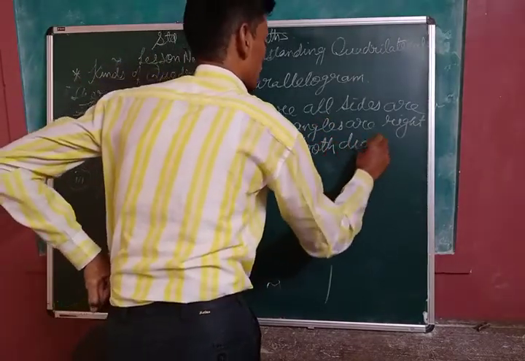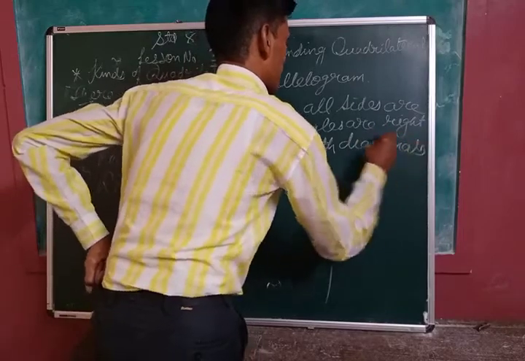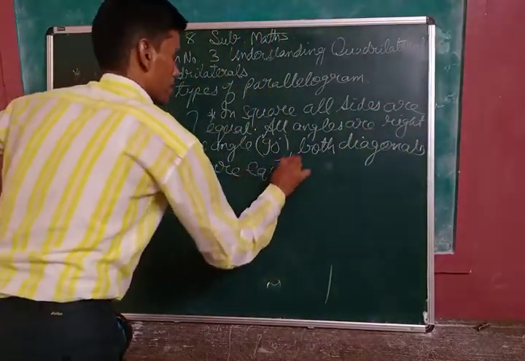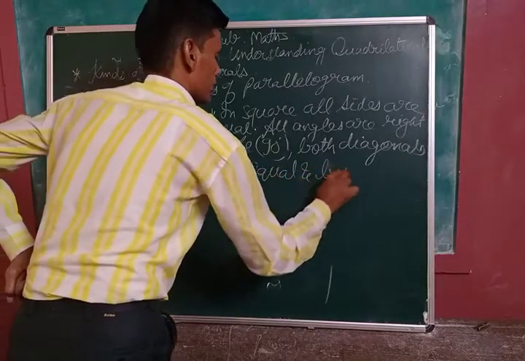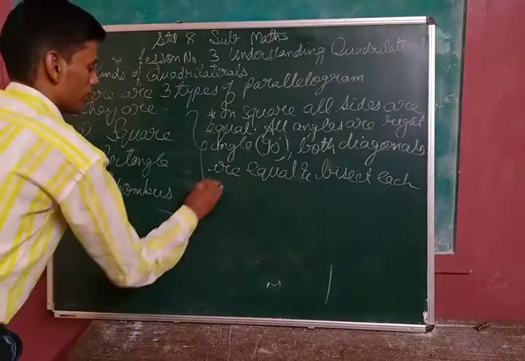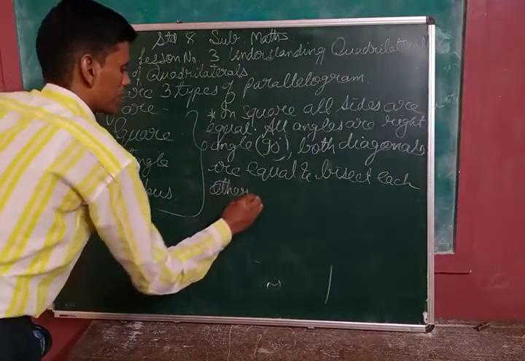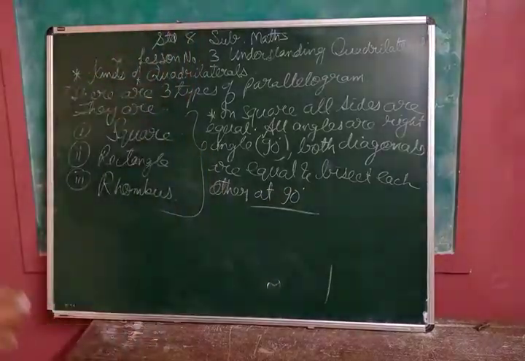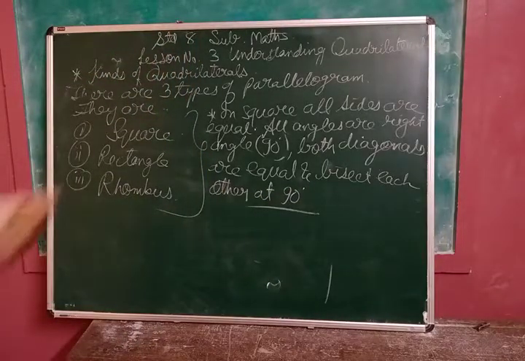Both diagonals are equal and bisect each other at 90 degree. That means both the diagonals are perpendicular to each other.